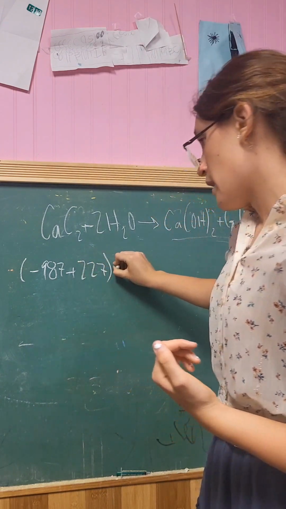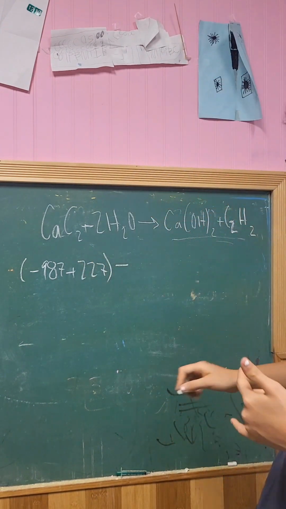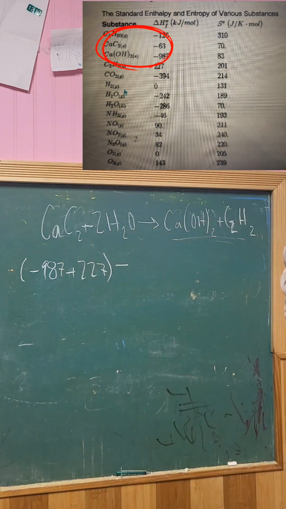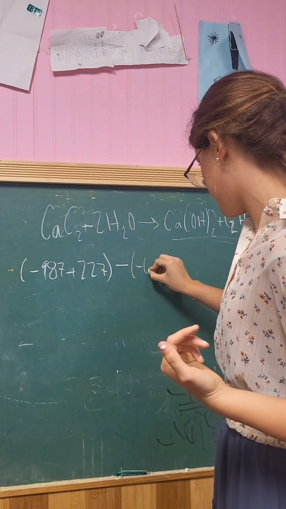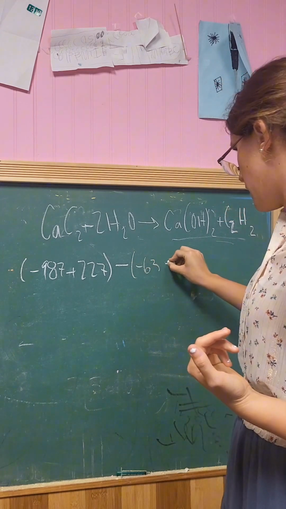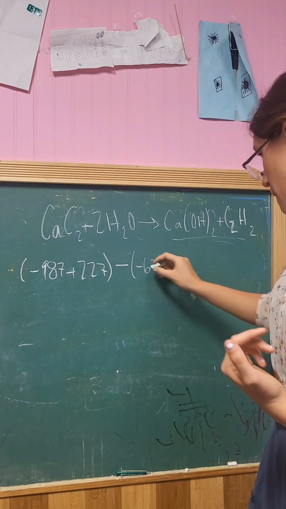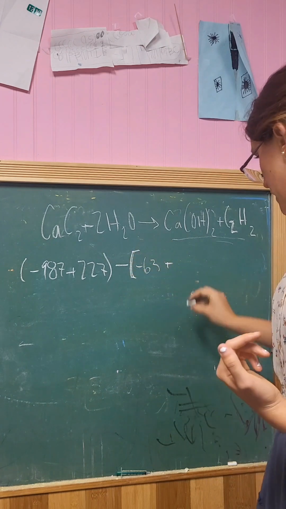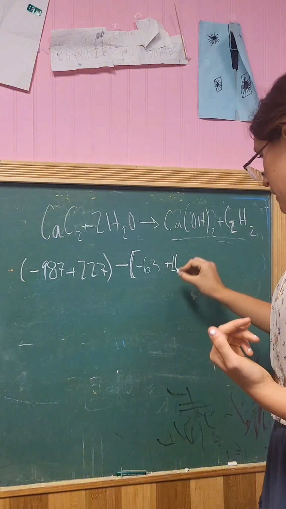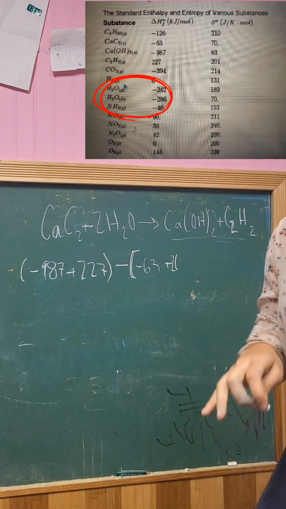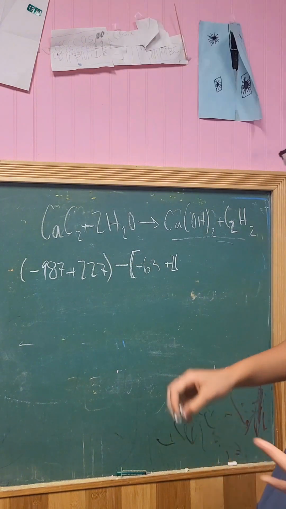All right, we're going to subtract that from our reactants, which is CaC2, which is negative 63, plus, now I would put brackets, 2 times H2O, so negative 286.